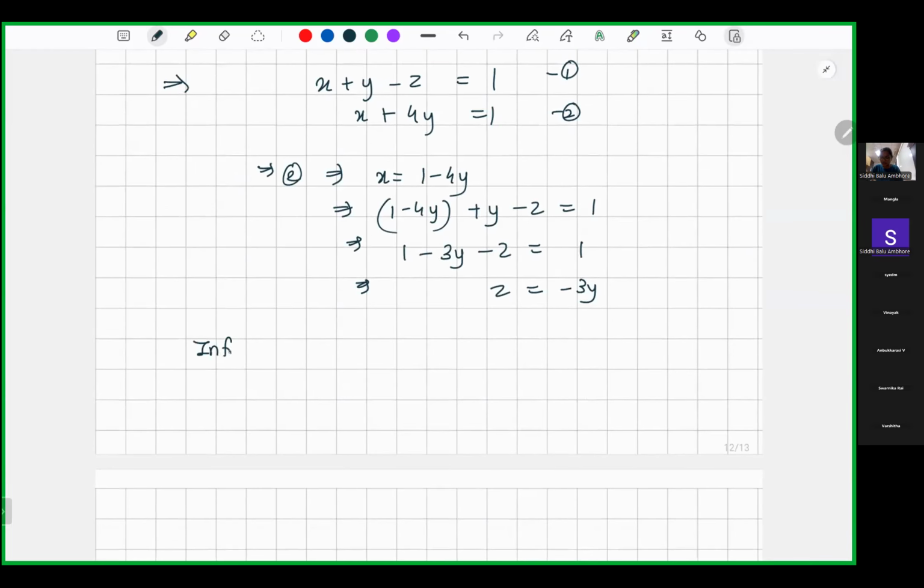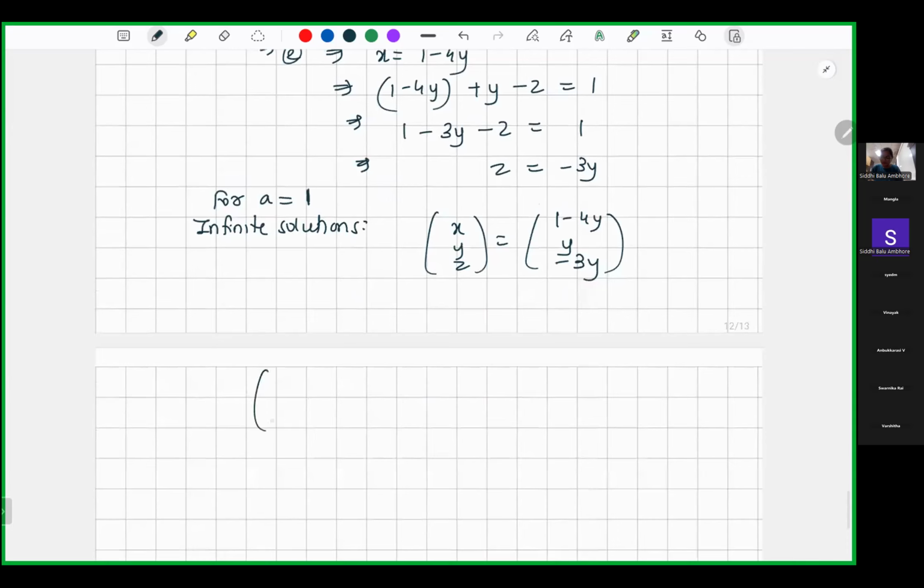So infinite solution is when a is equal to 1. For infinite solutions, x, y, z is 1 minus 4y, y is as it is, and z is minus 3y.